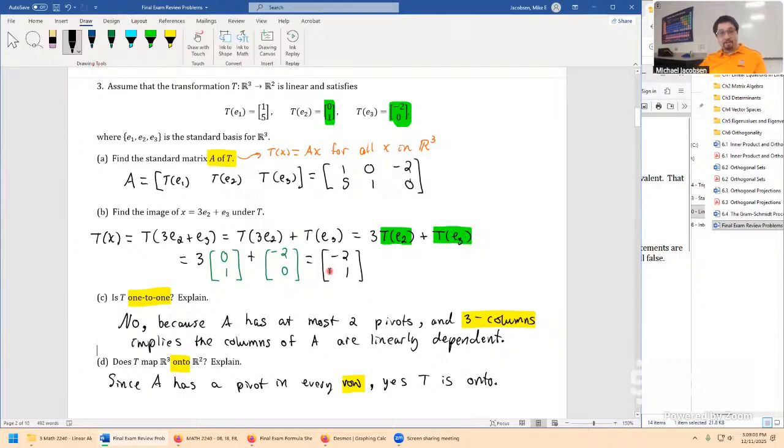So we found one image, (-2, 1). But every single vector inside R2 is going to be the image of some vector x in R3. So we've covered the whole space R2. The codomain is exactly the range, which is what part D is saying in lots of different ways.